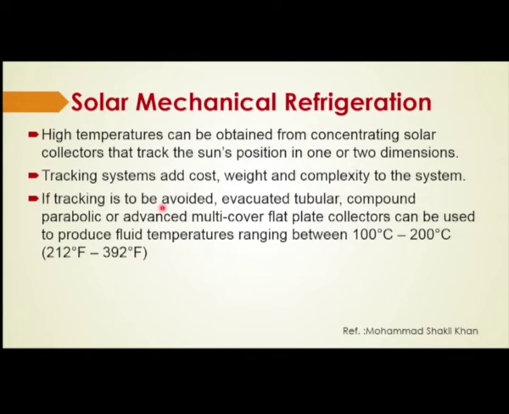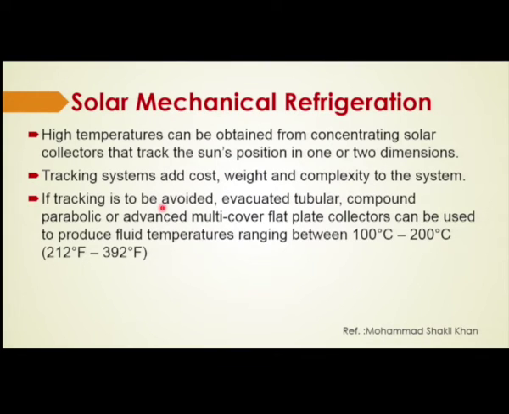But the problem with the tracking system is that it adds cost to the system. More controllers are required, more equipment will be added, so weight is also added and complexity is also increased. So, a tracking system is not advisable in real time applications.